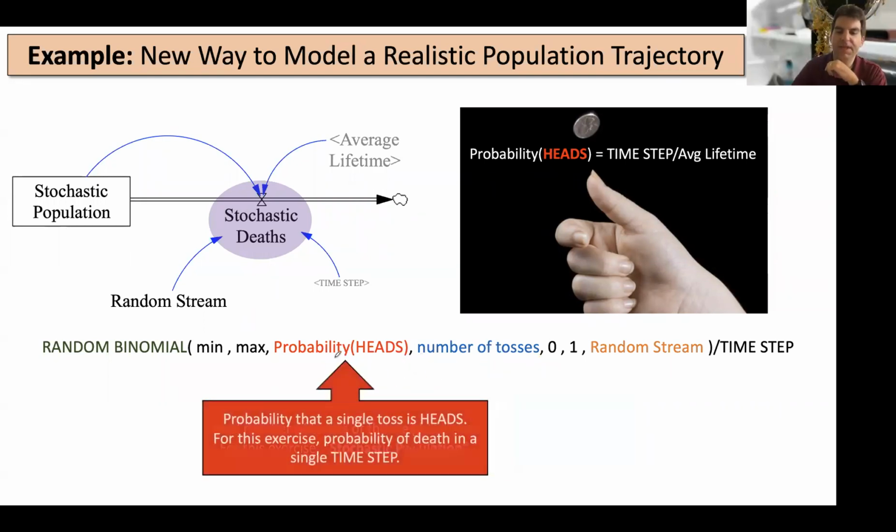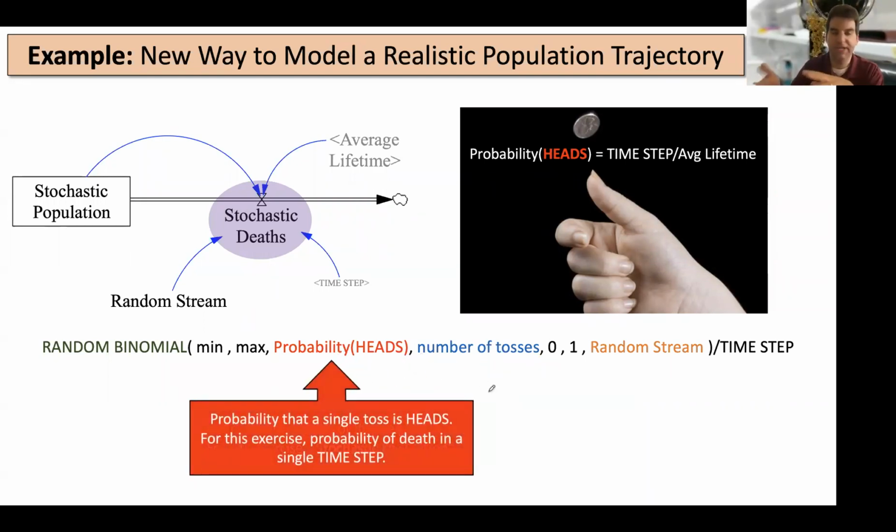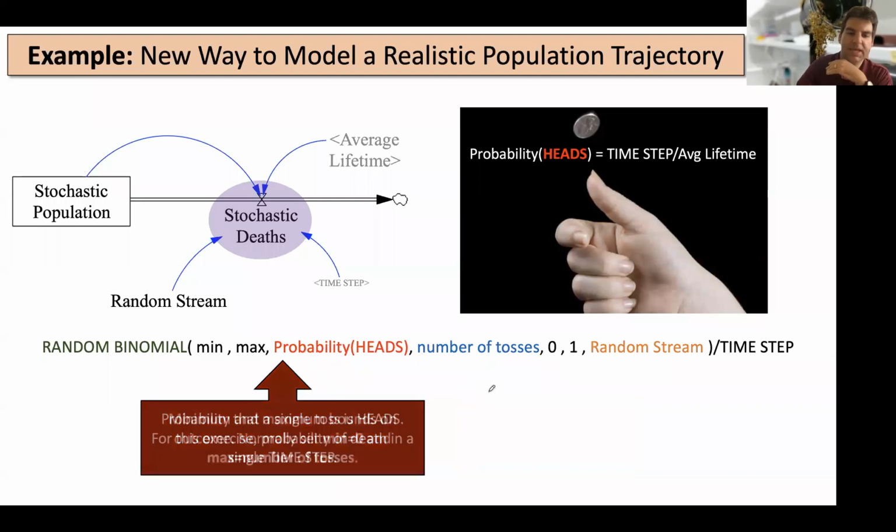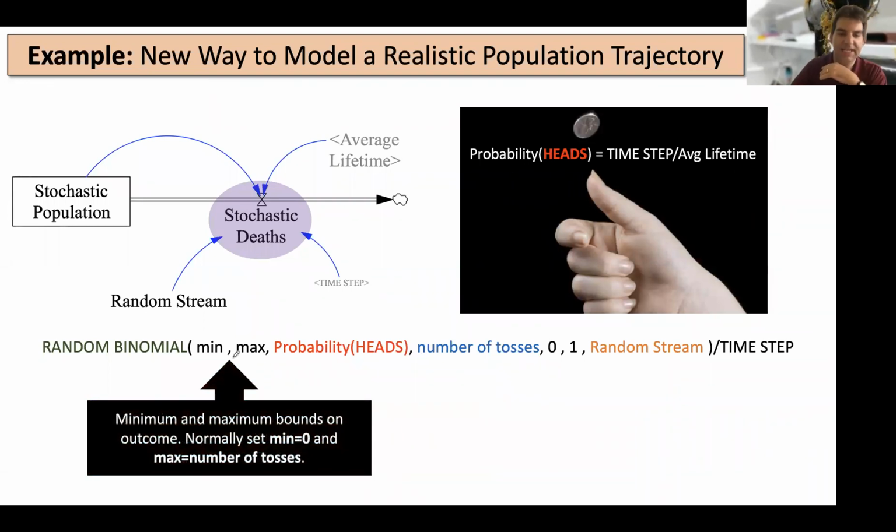And then what probability does it come up heads for each player? So how likely are they to get the particular outcome that I'm testing for? Again, these are more advanced parameters, but I usually just set the bottom one to 0 and the top one to the same thing that I set number of tosses to.